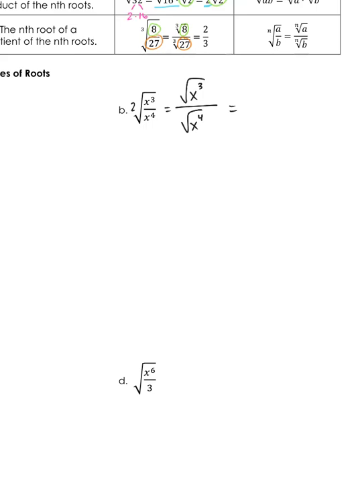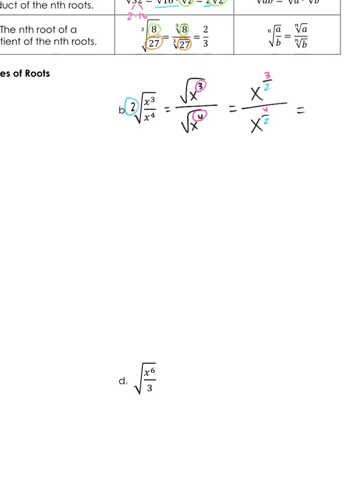So I'm going to go ahead and write this as x to the 3 over 2, which is my understood index. And then the bottom is x to the 4 over 2, which is my understood index.